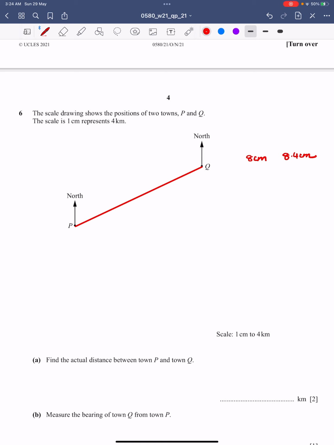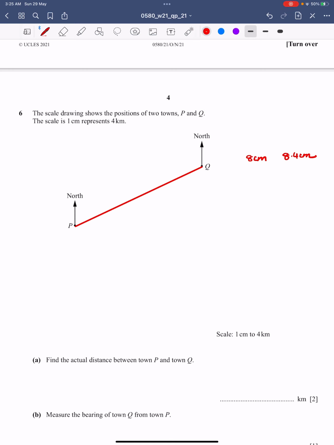Due to print, the length of the distance between P and Q may vary, but it should be between these two. Once we measure the distance on paper, we know that the distance in real life is 1 centimeter means 4 kilometers. So for part A, find the actual distance between P and Q.